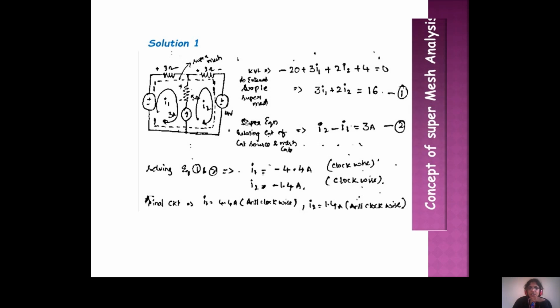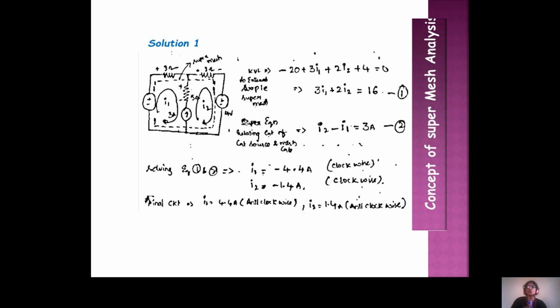And for the current source, you consider another equation. I2 minus I1 equal to 3 amps, because these 3 amps are related to both I1 and I2. You consider it depending upon the direction. I2 is in the same direction and I1 is in the opposite direction. So I2 minus I1 equal to 3 amps.